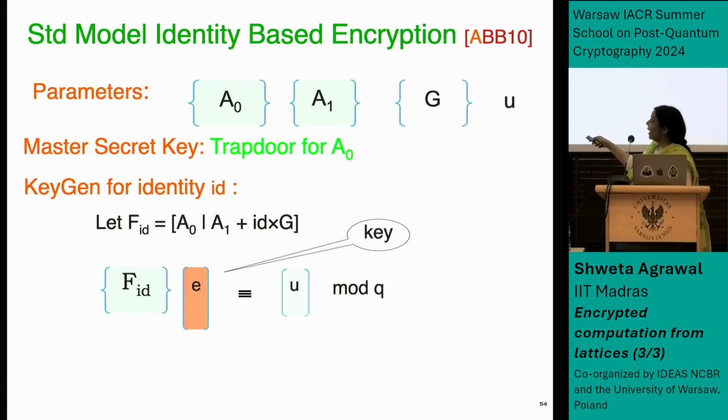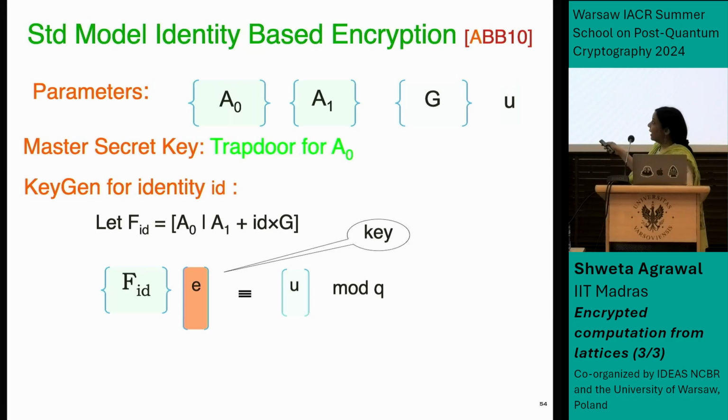If I write FID in this way, and I break E into E1 and E2, then the equation I get is A0 E0 plus this second term times E1 is congruent to U. Then I can just sample E2 as I please, and take that whole term to the other side.